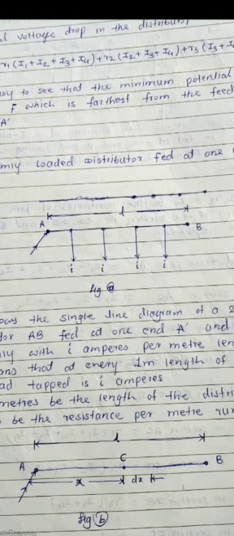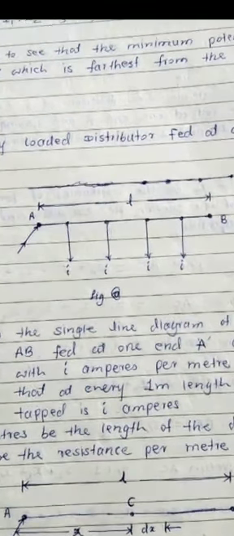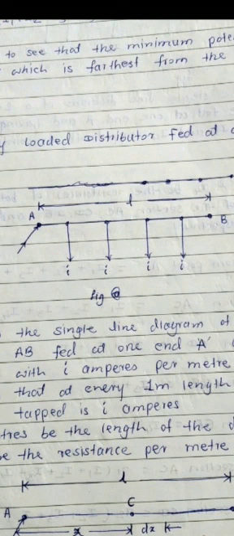As shown in the figure, we observe that the distributor AB has length L, and the current is tapped at various points.